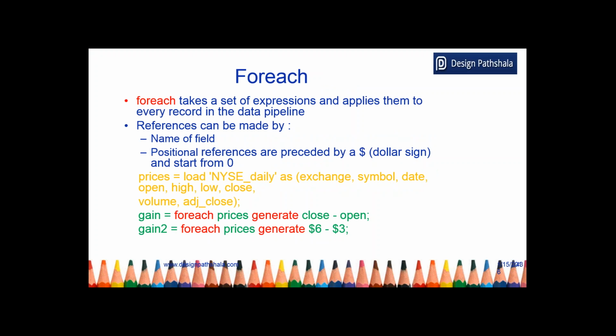So let's look at the foreach. Foreach basically runs on each and every line of your data. So what I did is, foreach prices generate close minus open. Let's try to run it.